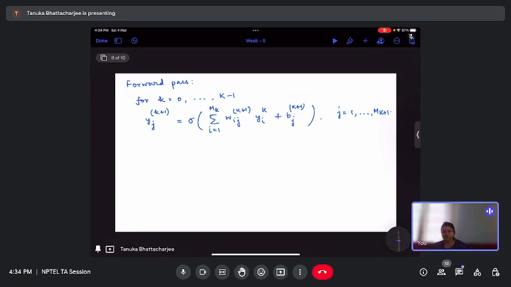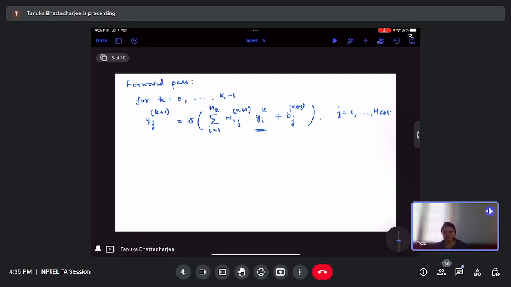So this yj k plus 1 is the output of the jth neuron in the k plus 1th layer, and it is given by this. You compute it as the summation of wij k plus 1 times yik. You consider all the outputs yik of the previous layer, the kth layer, and multiply them with the weights.